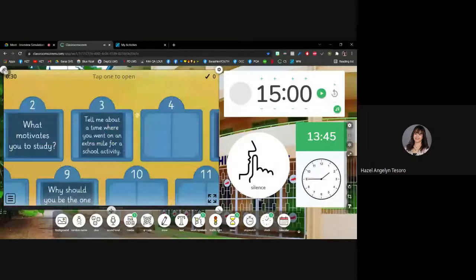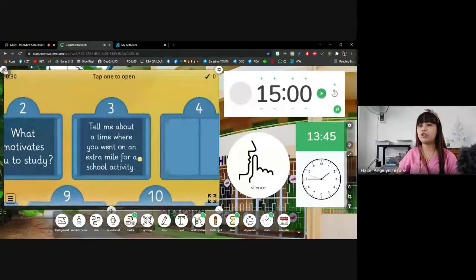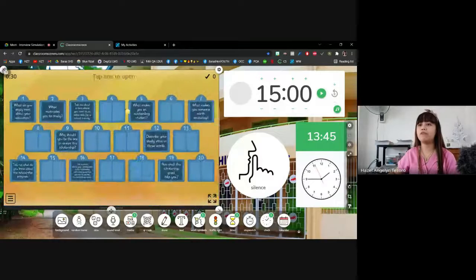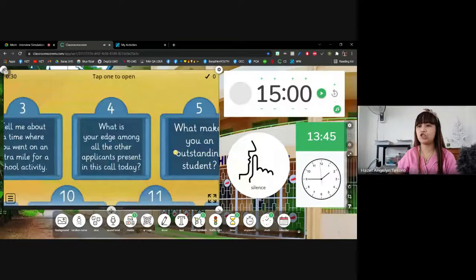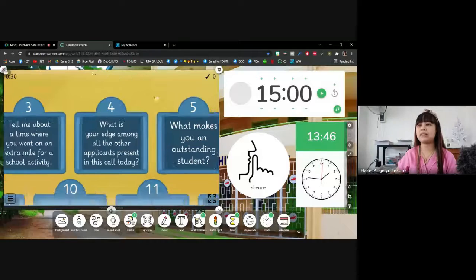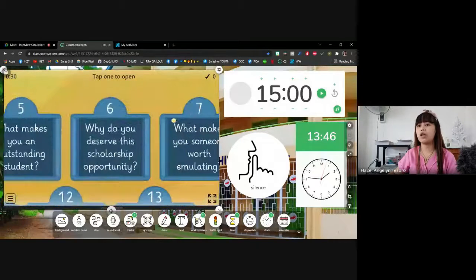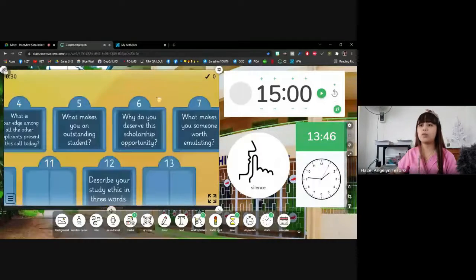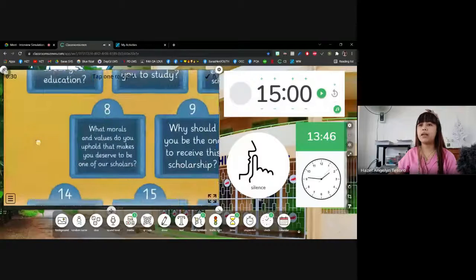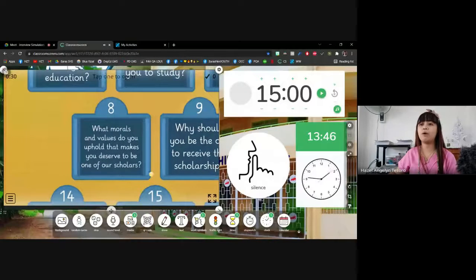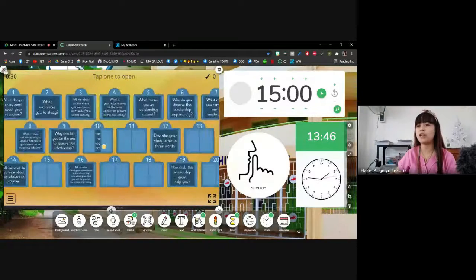Number 3 question, tell me about a time where you went the extra mile for a school activity, meaning you're going beyond what is expected of you. Number four naman, what is your edge among all the other applicants? Number six, why do you deserve this scholarship opportunity? Number eight, what morals and values do you uphold that makes you deserve to be one of our scholars? Ito, mabigat yung question na yan.